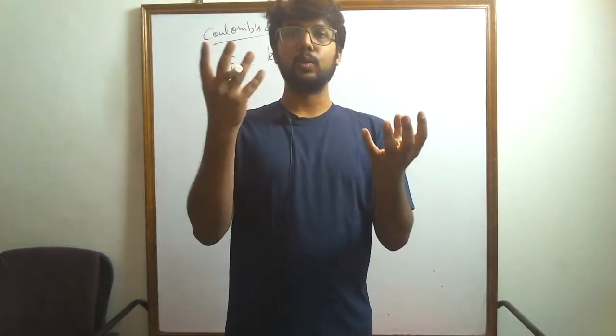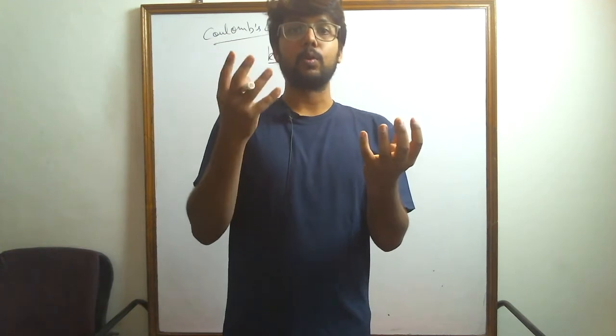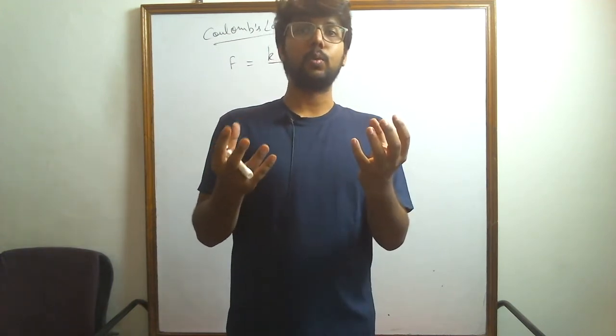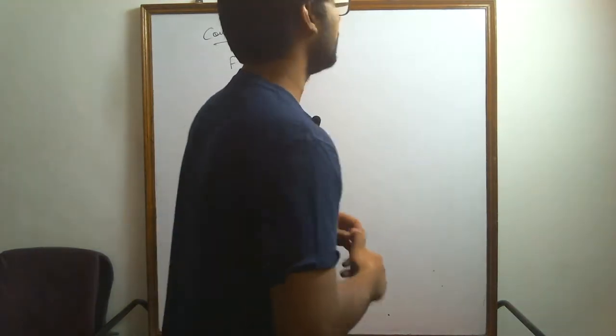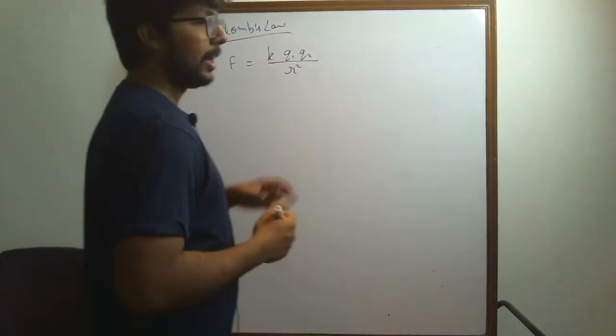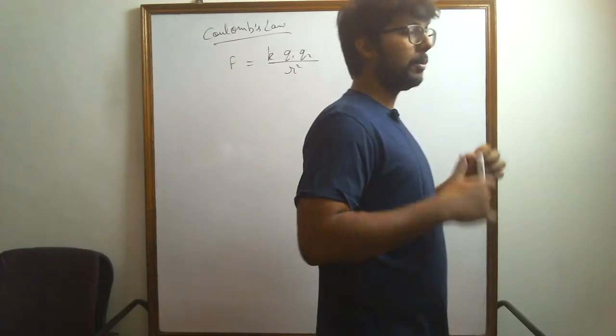So q by 2 with q by 4, q by 4 with q by 4, q by 2 with q by 2, and so on. So I will figure out the relation between the different charges through that, and that is exactly what Coulomb did.